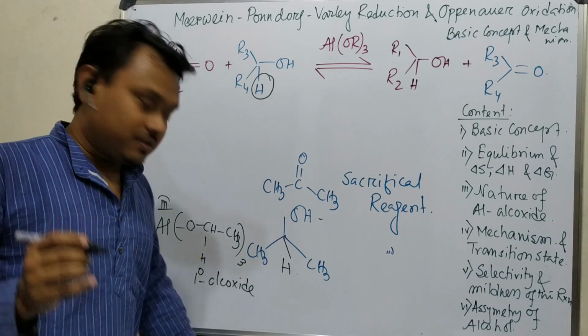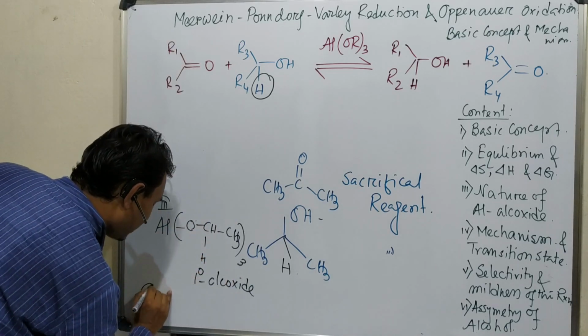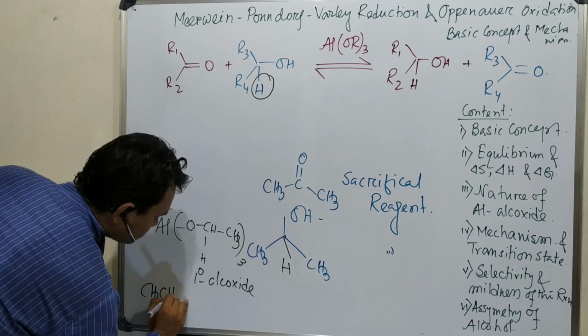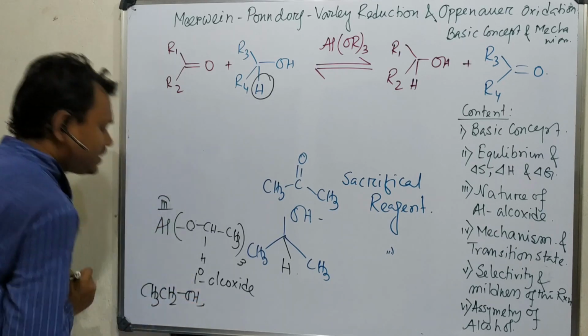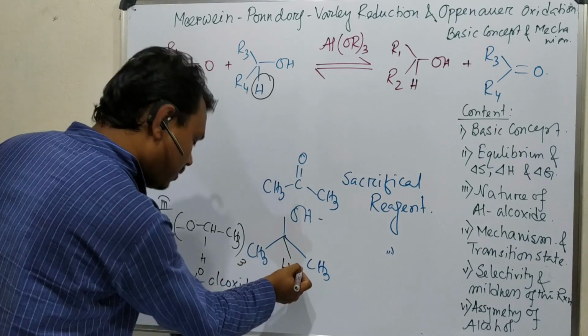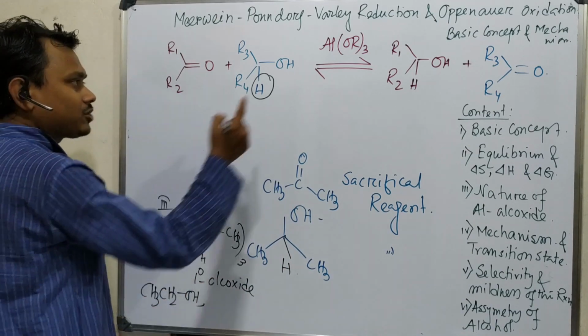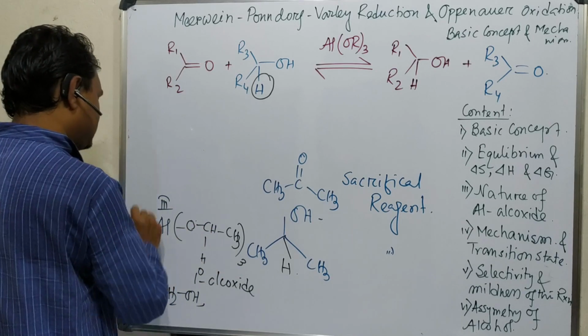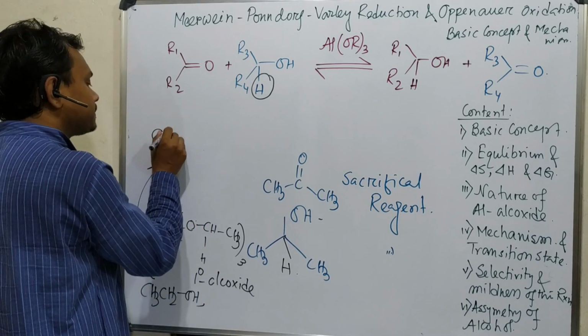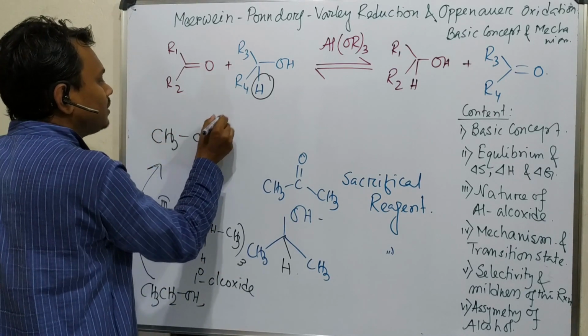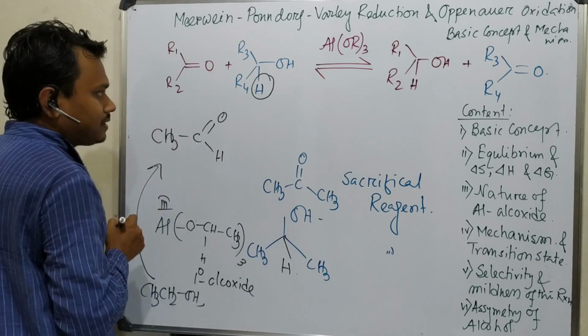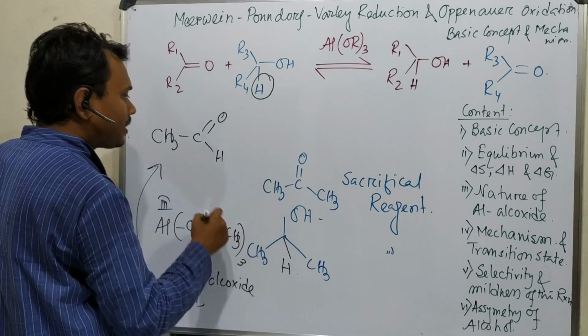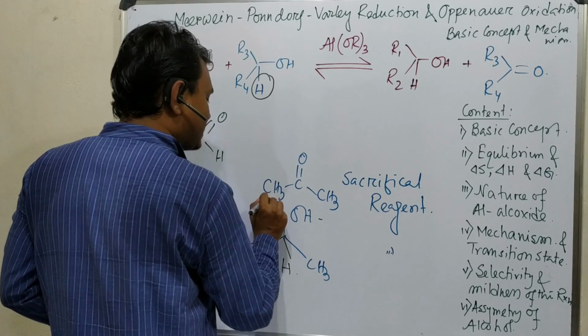If they had done the reaction in ethanol, CH3CH2OH, instead of isopropanol, what product would be obtained? The corresponding carbonyl compound of ethanol, which is acetaldehyde. And if we use isopropanol, the product is acetone.